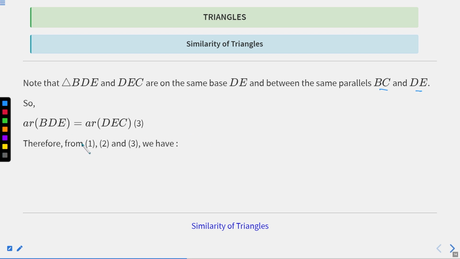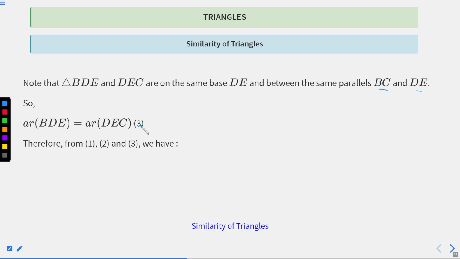So basically the area of BDE is equal to the area of DEC, naming this equation number 3.